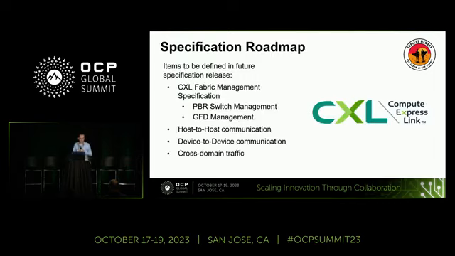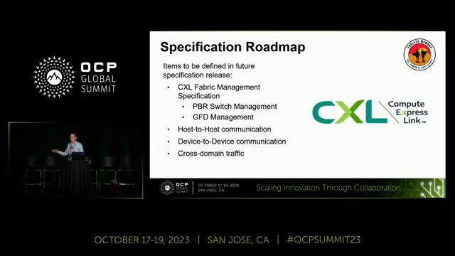So there were a lot of core concepts for PBR Fabrics introduced in 3.0. Still a lot of work to do. In the 3.0 spec, you will see a number of references to future specification. Mahesh Wagh this morning referenced 3.1 publicly, so I'm not going to have to pretend it doesn't exist. It's coming. And we've defined a lot of additional capabilities and frameworks.